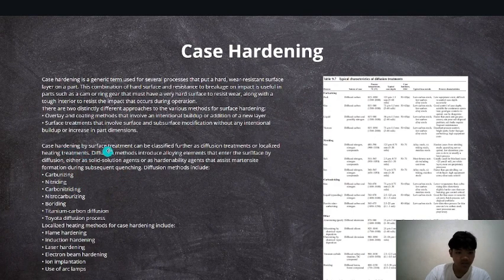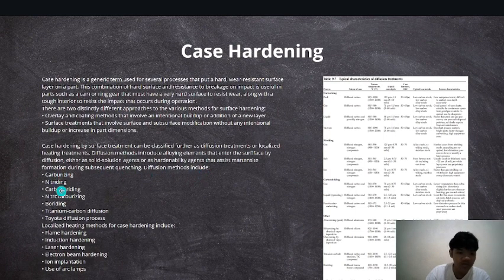Case hardening by surface treatment can be classified further as diffusion treatments or localized heating treatments. Diffusion methods introduce alloying elements that enter the surface by diffusion, either as solid solution agents or as hardenability agents that assist martensite formation during subsequent quenching.